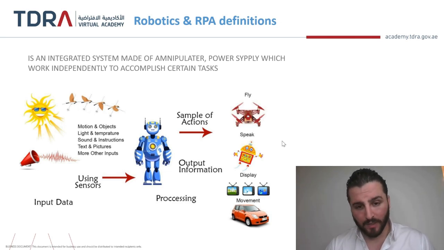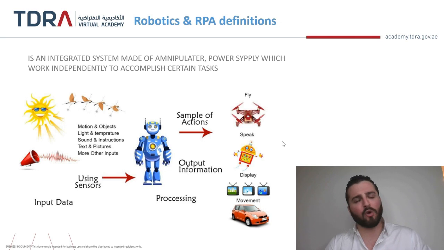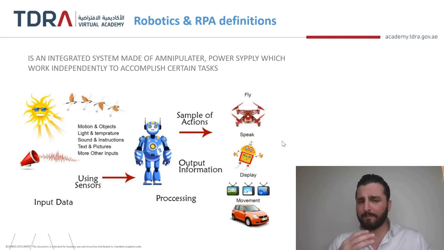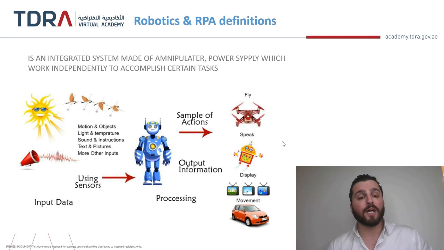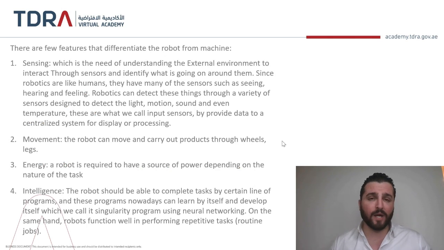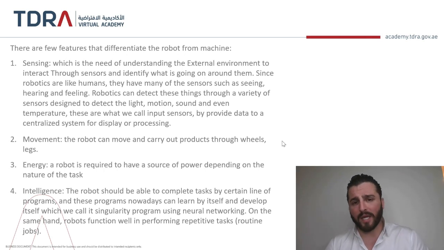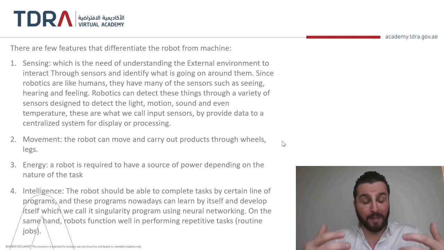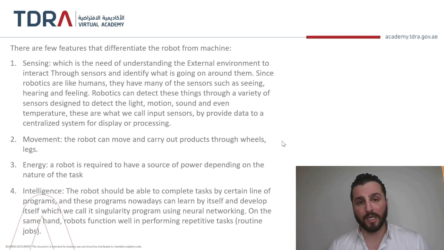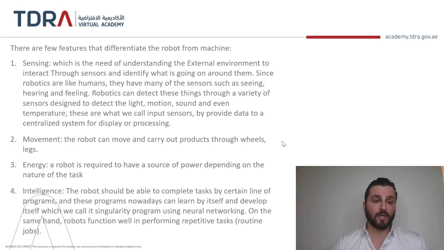Basically, we will go with the same process diagram, which is input, process, output, that will let the robot take the required actions from sensing to movements, to generate the energy required for us to have the required level of intelligence that will be implemented as a certain action during the cycle of operation for the robot.